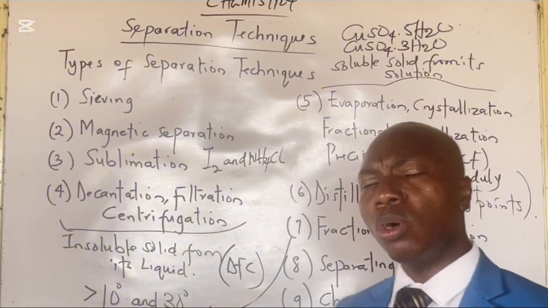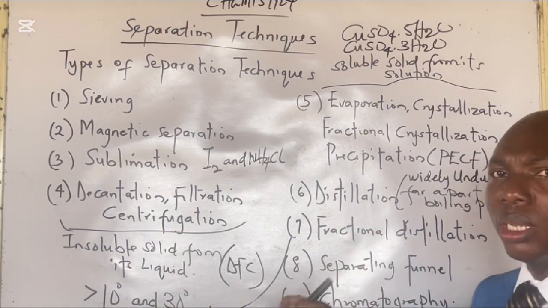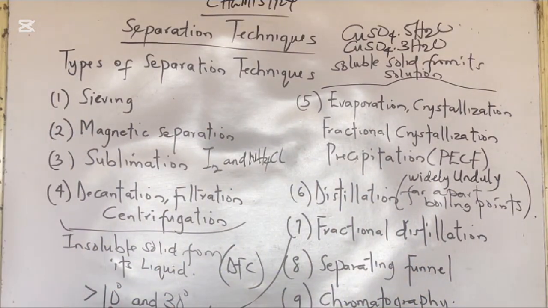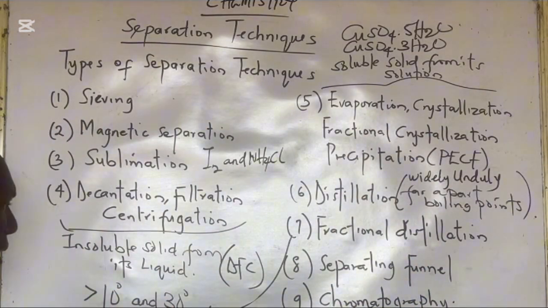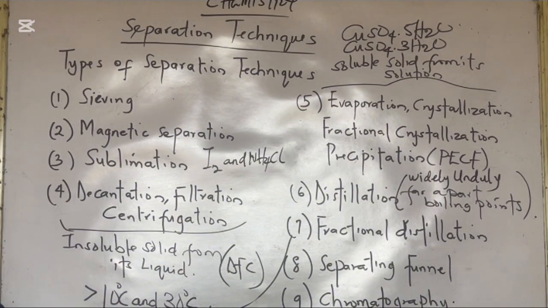So you may ask me, what is the difference between fractional distillation and distillation? The major difference between them is, number one, their temperature: close boiling points, greater than 10 but less than 30 degrees Celsius.